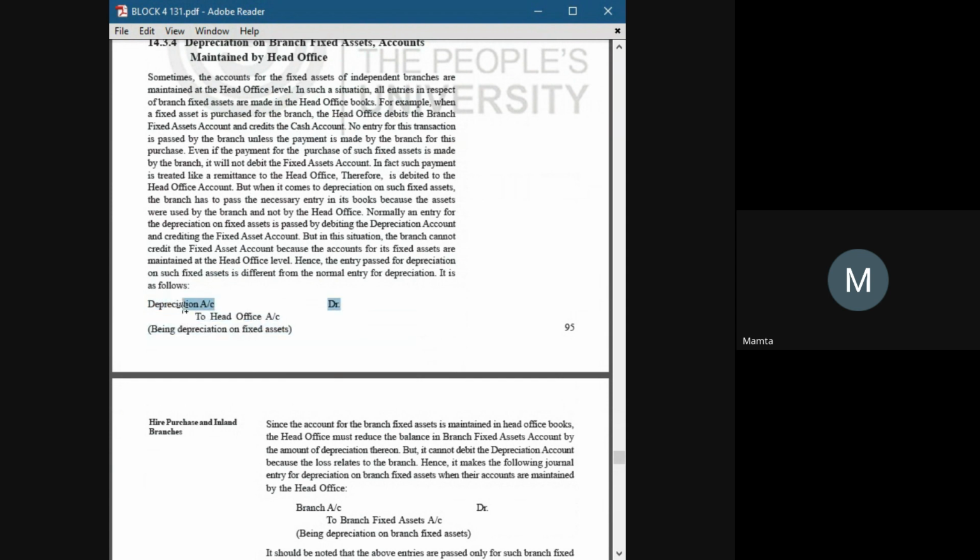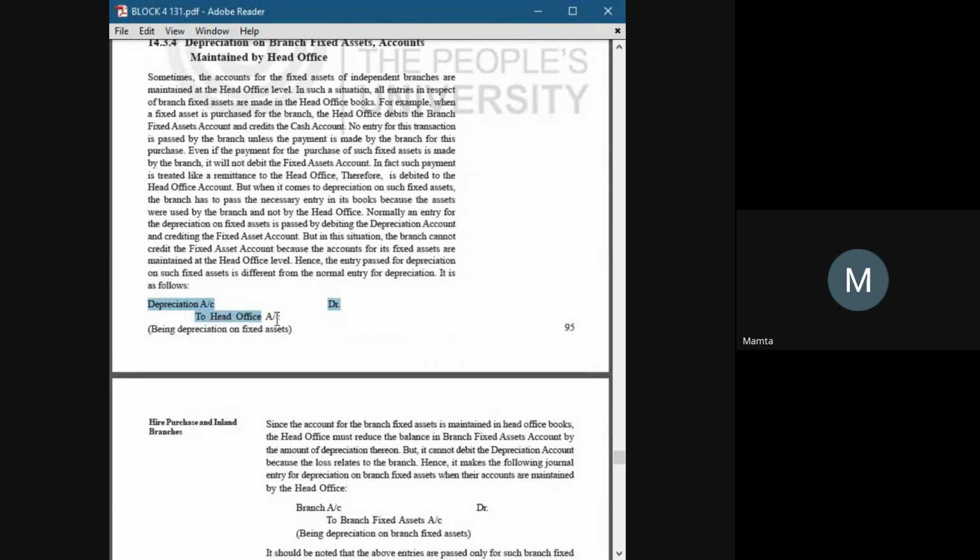How do we pass the entry of depreciation? If depreciation is put on the machinery, we generally pass the entry like depreciation account debit to machinery. If we are putting a depreciation on any asset, then the entry would be depreciation account debit to asset account. But you see the difference here, depreciation account debit to head office account.